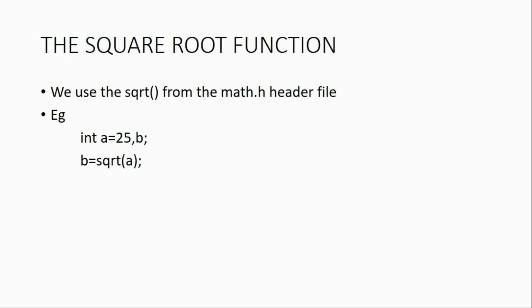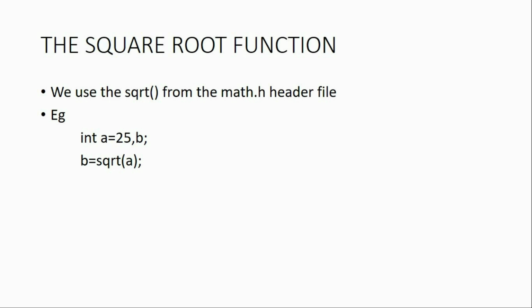Next we have the square root function. The square root function, if you remember, is under the math.h file. Whenever you use the square root function, at the top of the program you have to type hashtag include math.h. Then we have int a is equal to 25, and then we have another variable b.